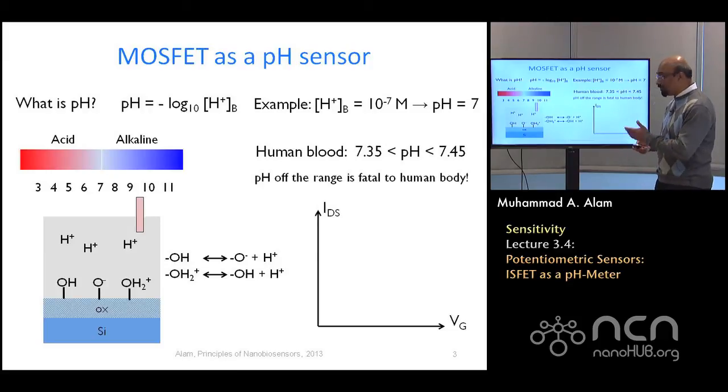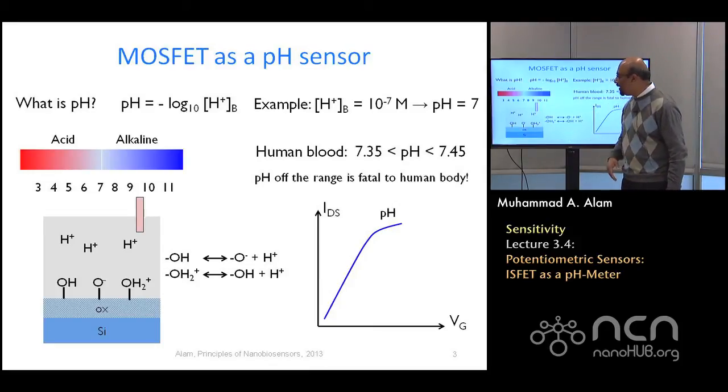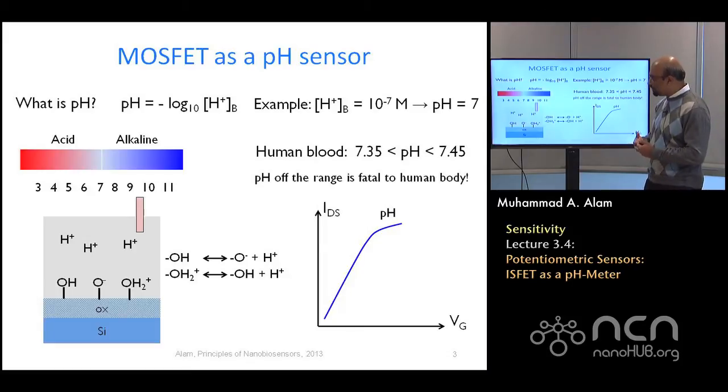And so the MOSFET underneath, you see what will happen. Let's say for a given pH, given amount of hydrogen, given amount of protons, let's say pH of 7, you had a particular value of current.